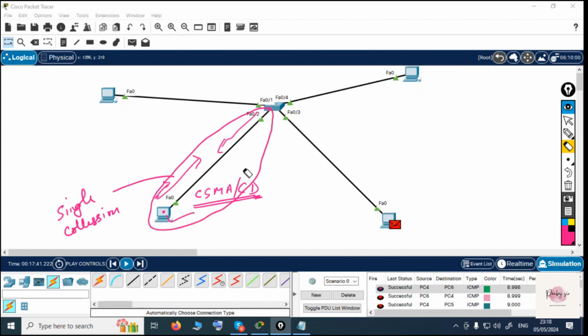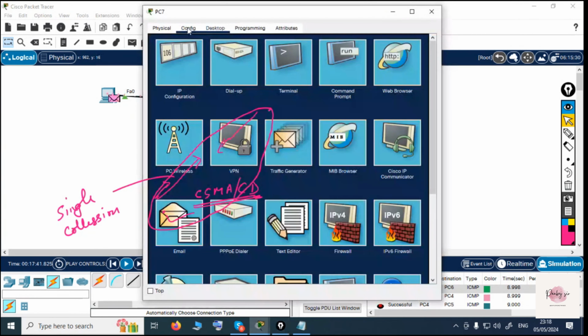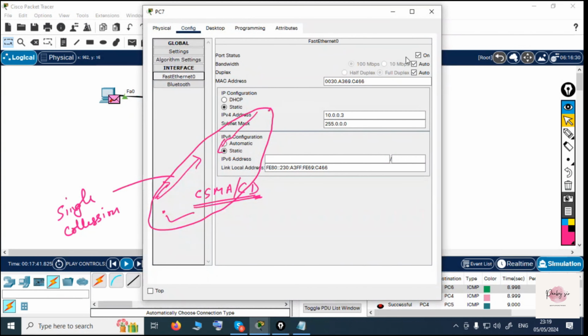Similarly, if we configure this PC also as half duplex, let's see. Let it be 10 Mbps half duplex. Okay.